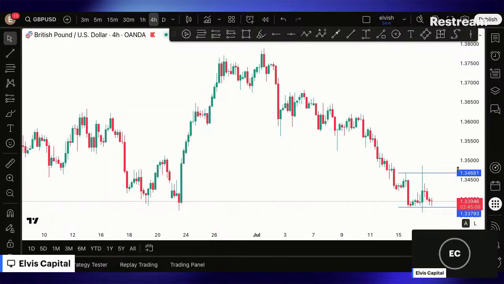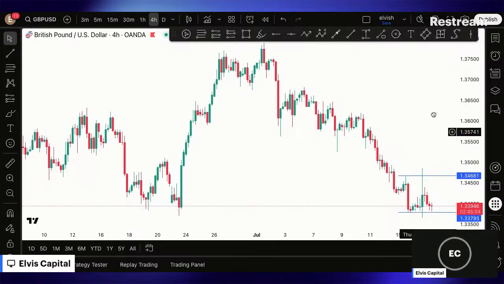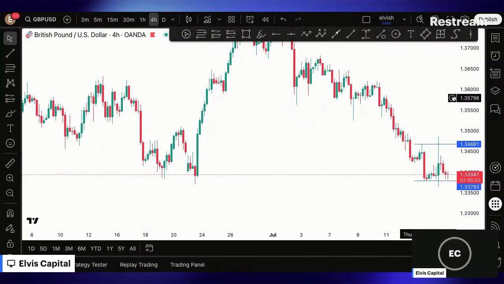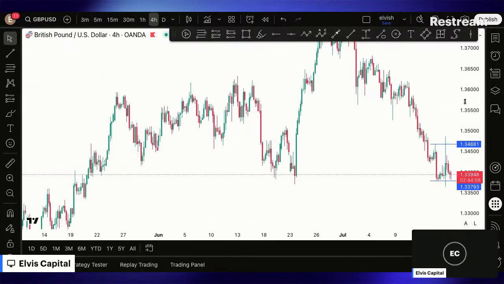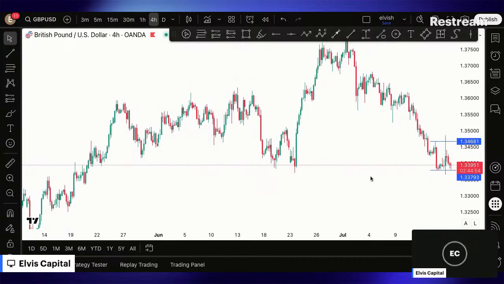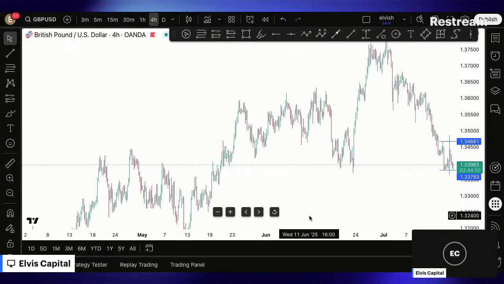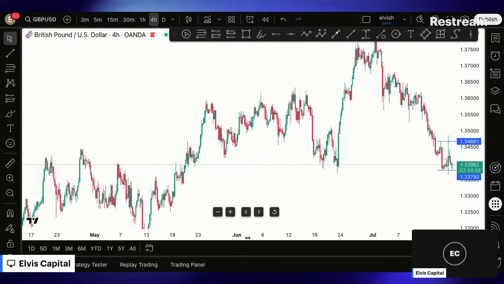Let me zoom out and see a bigger picture of what is happening.